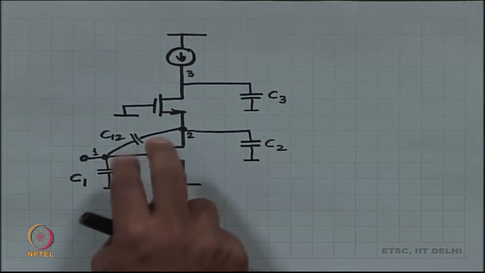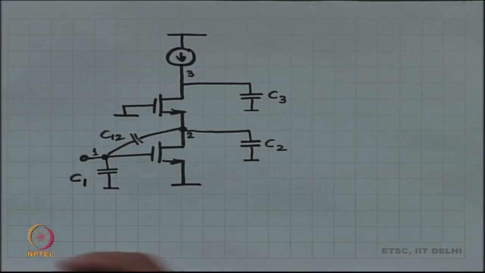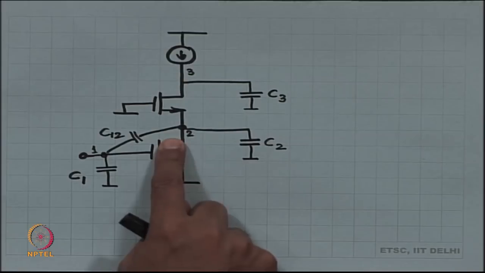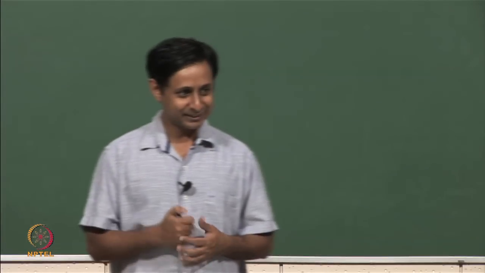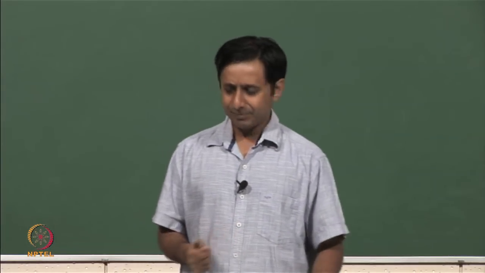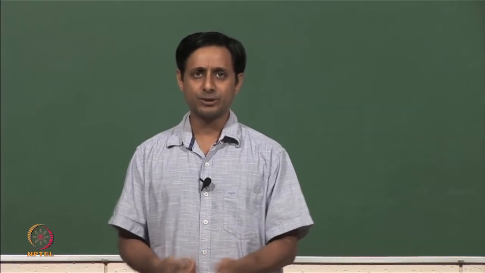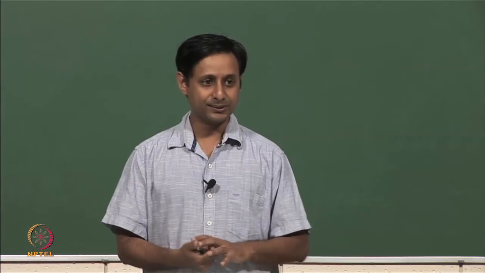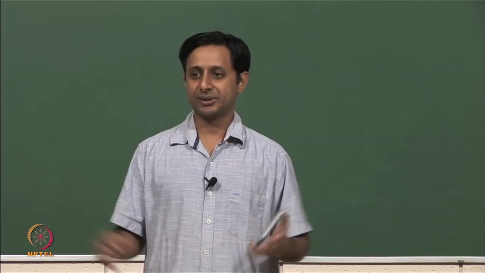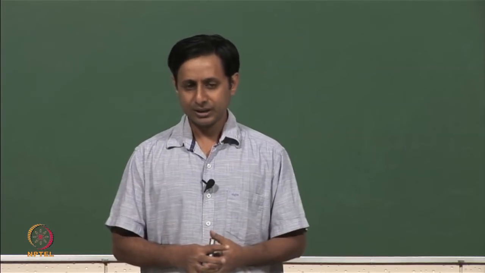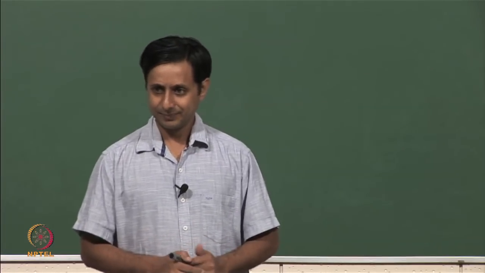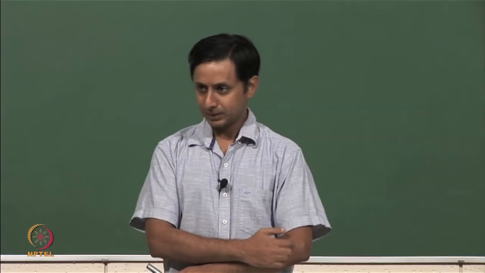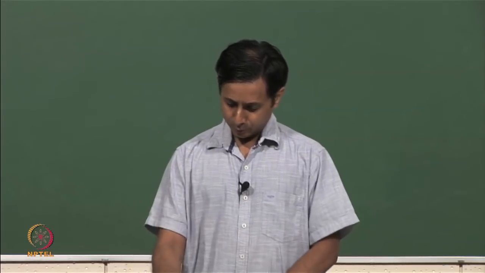Everything else is with respect to ground, but this capacitance is floating in between two nodes, it creates misery, all right. So, we are going to see some approximations later on how to deal with this gate to drain capacitor, how to deal with capacitors that are floating around. We will do these approximations later on, but for now let us try to analyze this particular circuit. Okay. This is my output.